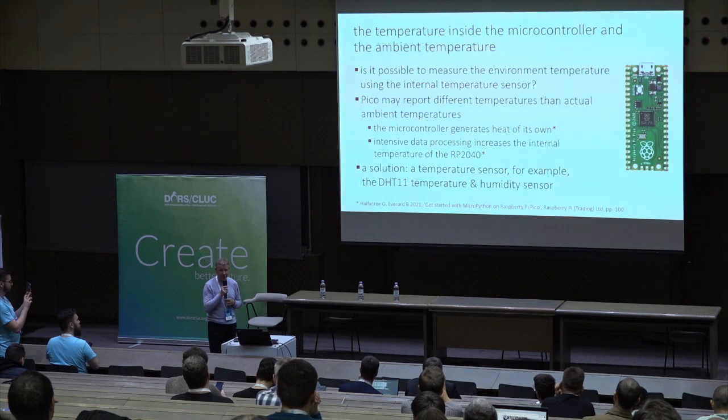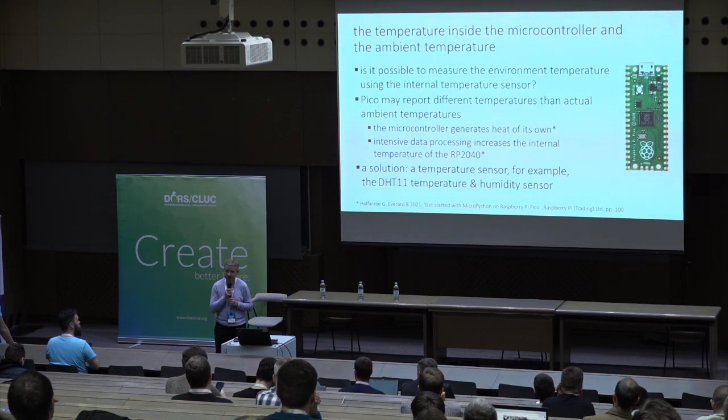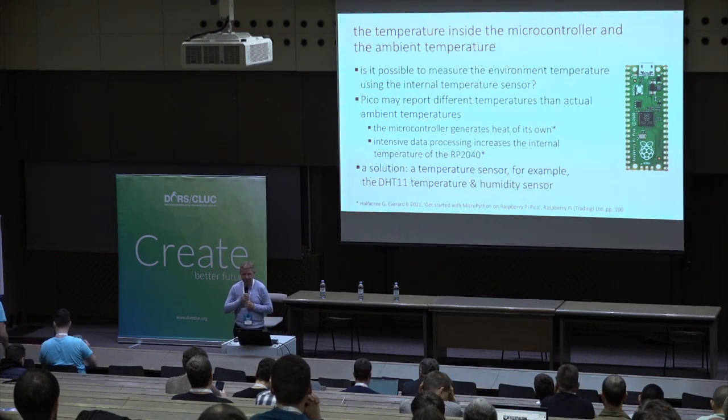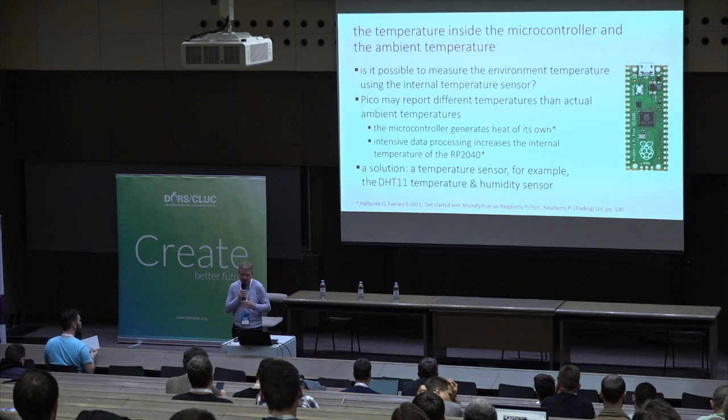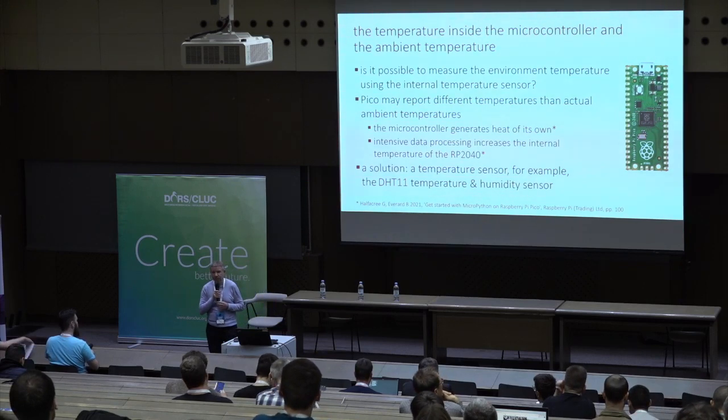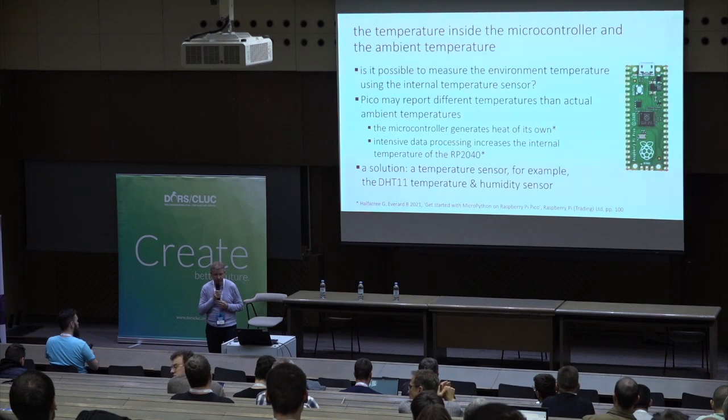Is it possible to measure the environment temperature using the internal temperature sensor? Well, Pico may report different temperatures than actual ambient temperatures because the microcontroller generates heat of its own. And intensive data processing increases the internal temperature of the microcontroller.